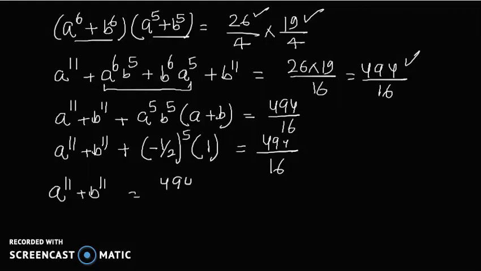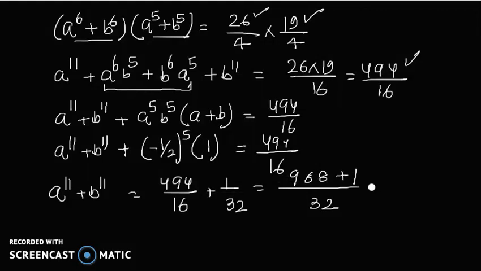So 494 by 16 plus 1 by 32, and that gives us 32. 494 times 2 is 8, 9 2s are 18, 968 plus 1, that is 969 by 32.